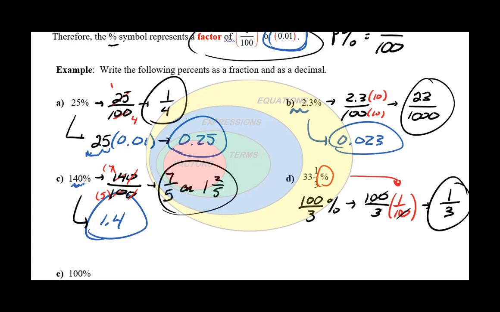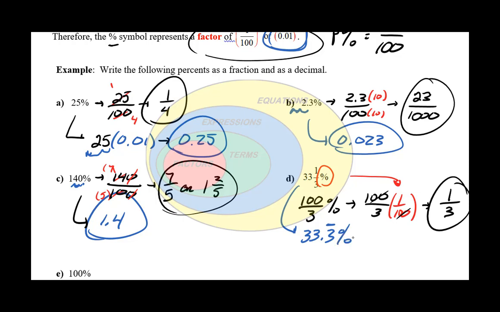Now to change it to a decimal, the first thing we're going to do is convert this to a decimal. So 100 thirds is the same as 33.3 repeating. So the 1/3 is a repeating decimal.